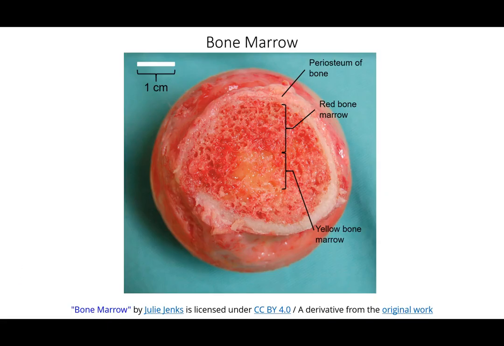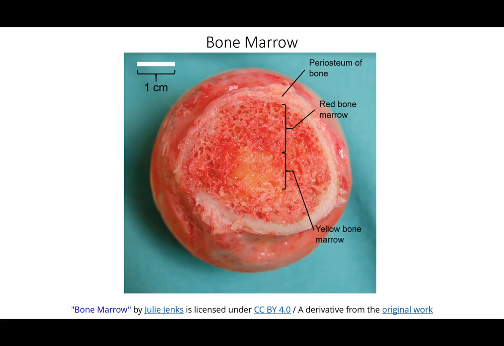Alright, so first up, we have primary lymphoid organs. That's going to be bone marrow and the thymus primarily. So bone marrow, we've talked about this before, about how it is the site of blood cell development. So we touched on this a lot last week when we talked about blood.